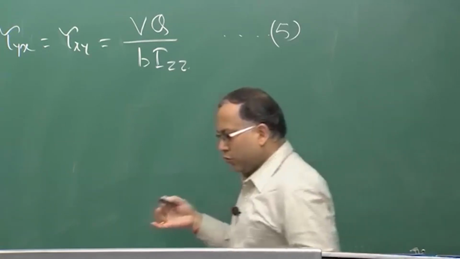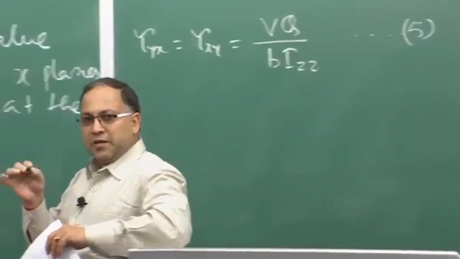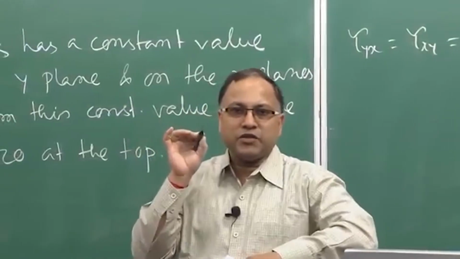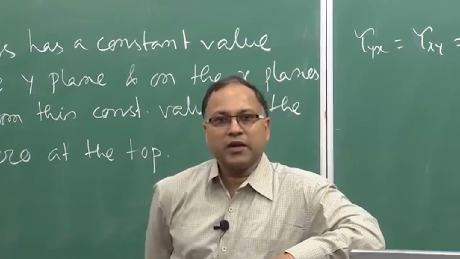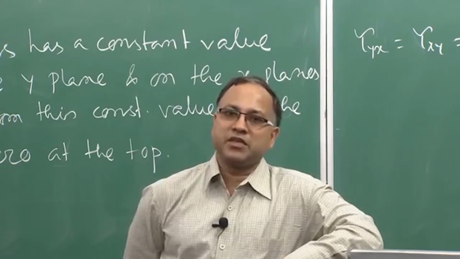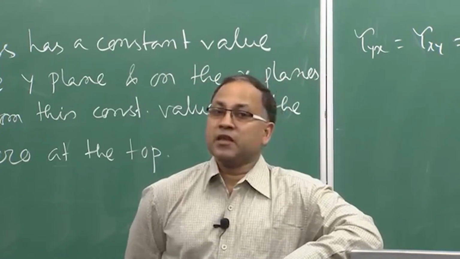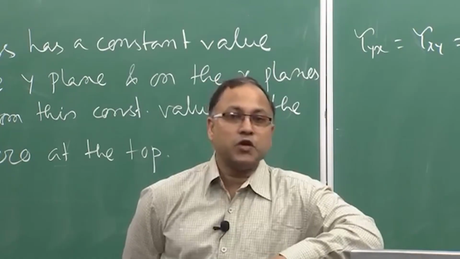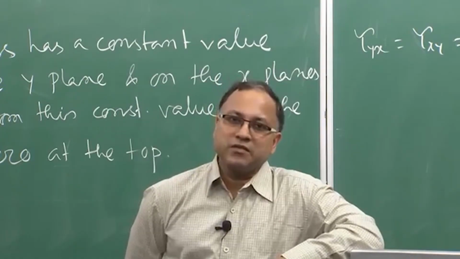So, what does it mean then? That means in case of bending stress, sigma x, when you calculated, that was simply 0 at the neutral surface and it was maximum at the extreme fibers, extreme surfaces. But here in case of shear stress, it is just the reverse.